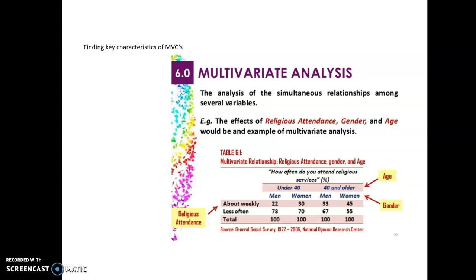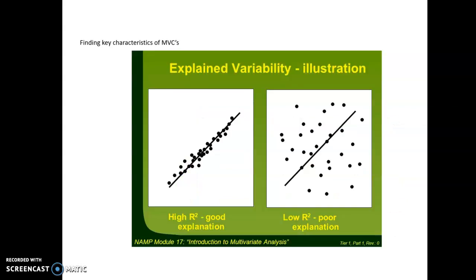What do we see? Just eyeballing this, it looks as if there may be some relationship with age, because older men and women both go more often to church, seemingly, than younger men and women. And on both sides, under 40 and over 40, women tend to go more often than men. So we would conclude from this that women 40 and older are MVCs.